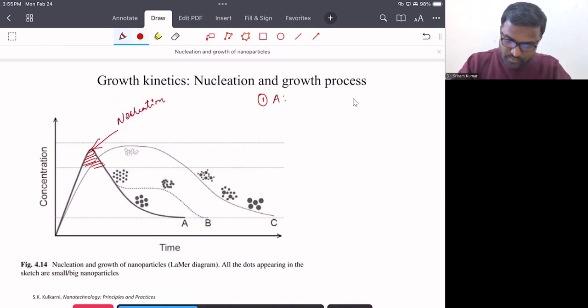Once we get the nucleation process, what happens? This phase is for the growth phase.